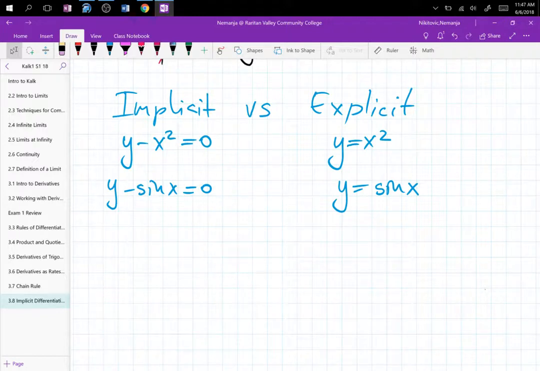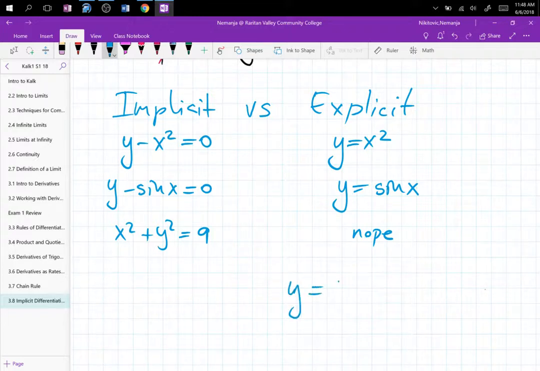Now, let me write for the implicit side x squared plus y squared equals 9. On the explicit side, nope. Can't do it. You cannot solve for y, because if you do solve for y, you force it, you will get this. And see this problem over here, the plus minus thing, right?